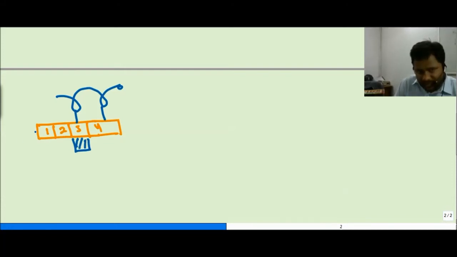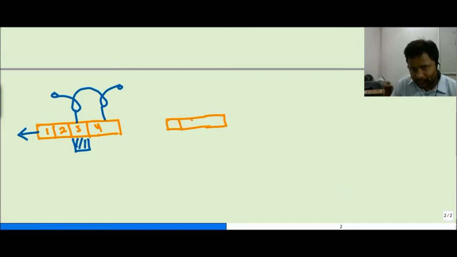Let us suppose this commutator segment is moving. This is one case. After some time, this is the position of the commutator segment. This is the brush. Here, 10 ampere current is flowing.